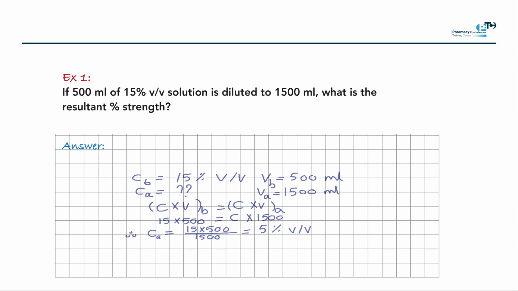Also, the needed concentration has the same units as the given concentration before. So we use the formula as said before, concentration multiplied by volume before equals concentration multiplied by volume after, and calculate the concentration after, which is needed.